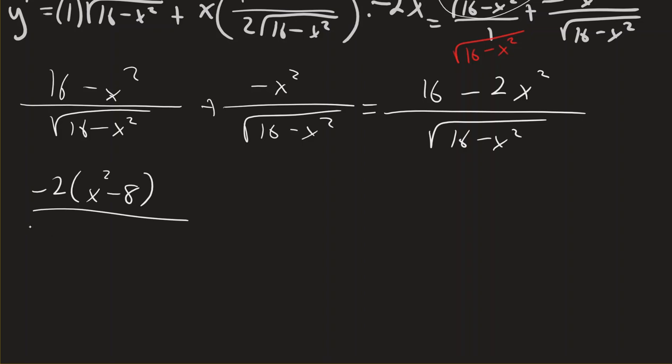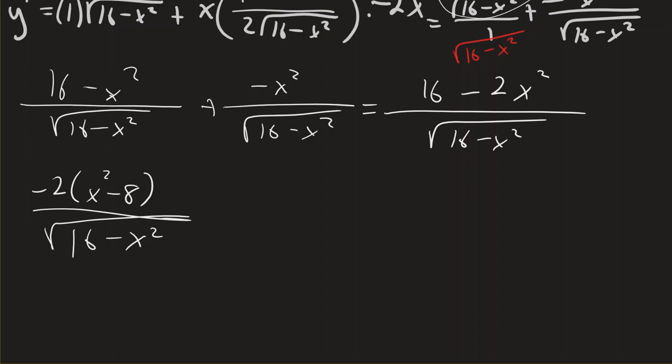This guy's still squared. Okay, so not much else it looks like I can do with my numerator, or denominator, for that matter, just simplifying this. But now I can start to think about critical numbers.